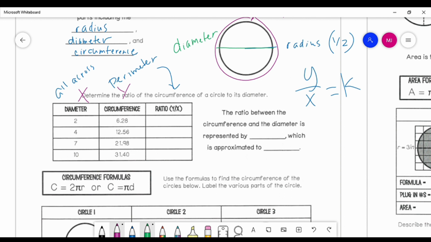Okay, on the count of 3, tell me what you got. 1, 2, 3. 3.14.